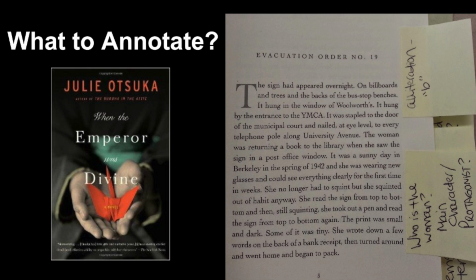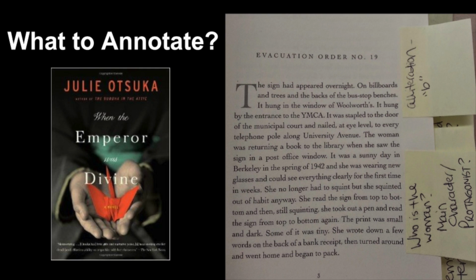It hung in the window of Woolworth's. It hung by the entrance to the YMCA. It was stapled to the door of the municipal court and nailed at eye level to every telephone pole along University Avenue. The woman was returning a book to the library when she saw the sign in the post office window. It was a sunny day in Berkeley in the spring of 1942, and she was wearing new glasses and could see everything clearly for the first time in weeks.